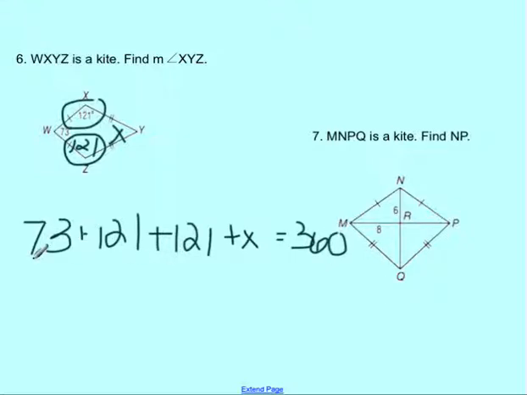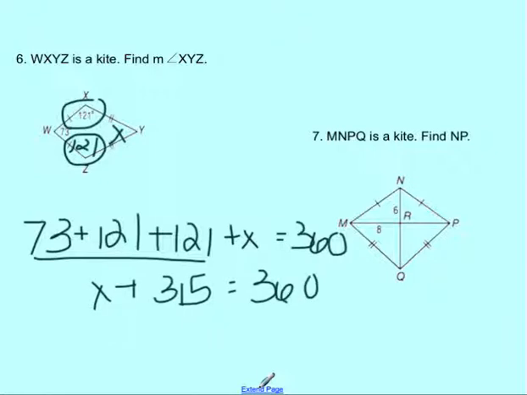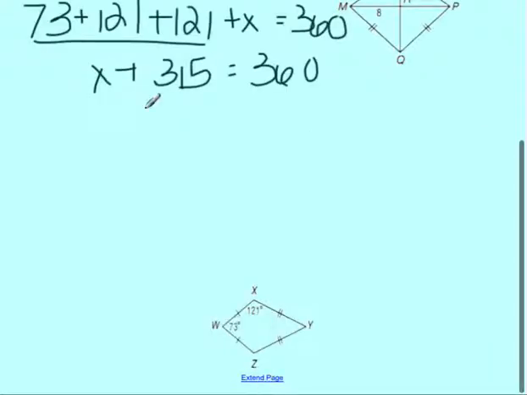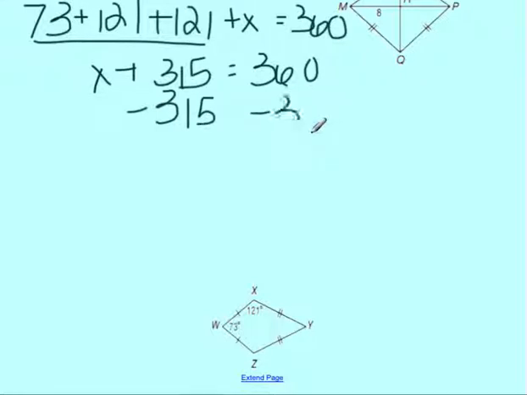All of those add up to 315 plus x is equal to 360. Now we need to solve for x. We subtract 315 from both sides, and we get that x is equal to 360 minus 315, which is 45.